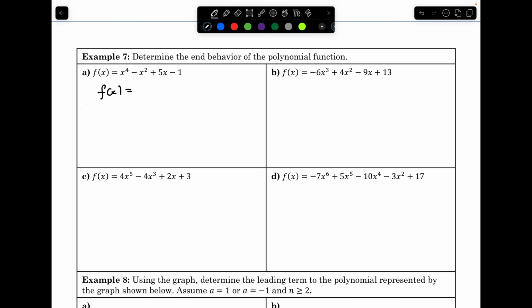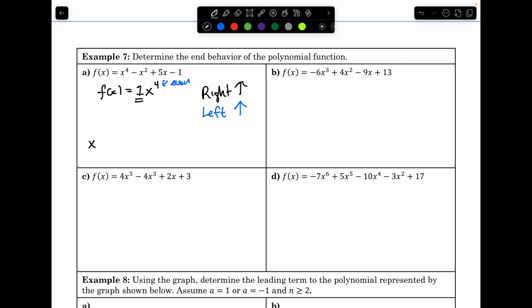So f of x is equal to 1 x to the 4th power, and we don't care about anything else. Since this number is a positive number, then I know the right side is going to go upwards. And since this number is an even number, the left side is going to go in the same direction and also rise as well.